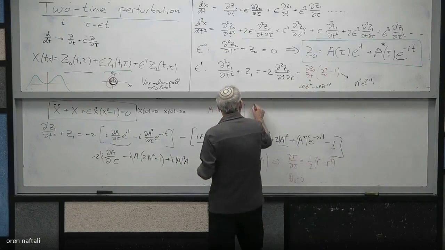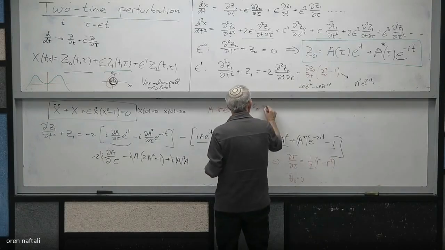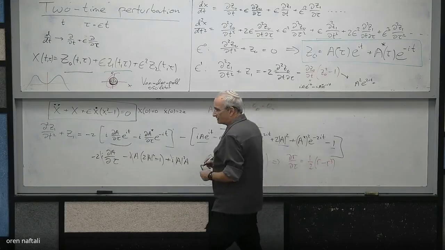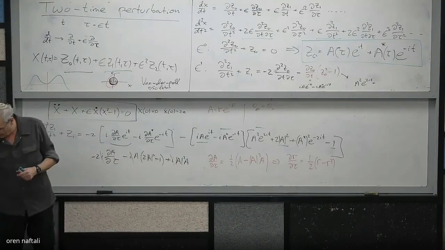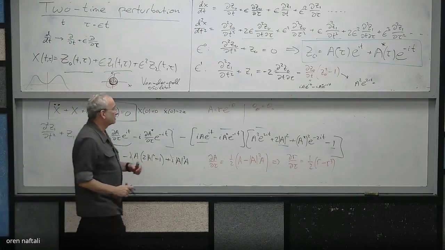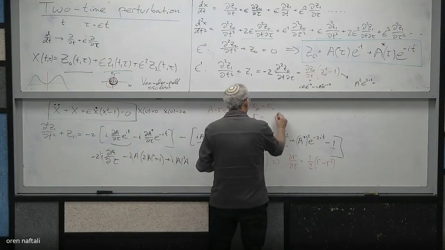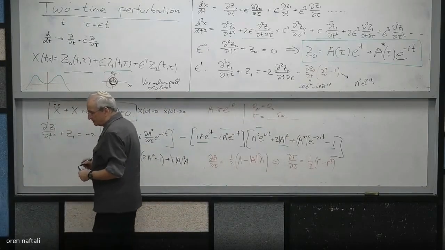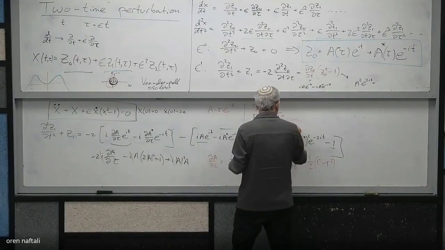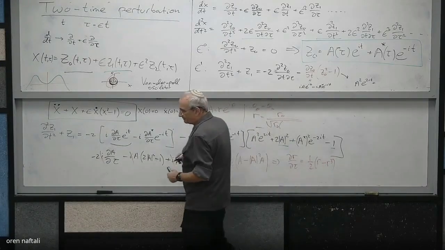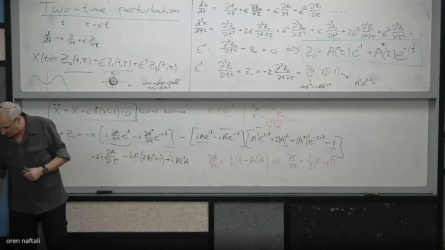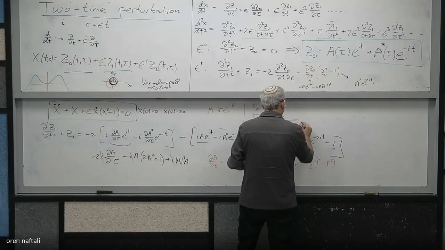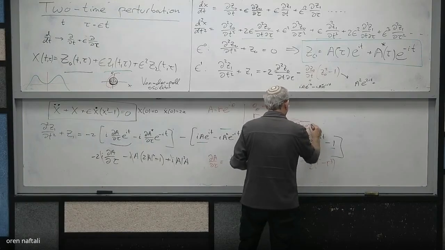So theta is theta naught. And now what is the solution for R? Please check that the solution is R equals R naught divided by the square root of R naught squared times (1 minus e to the minus tau) plus e to the minus tau.